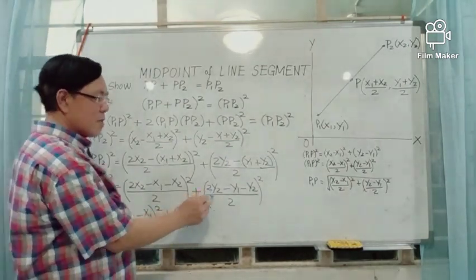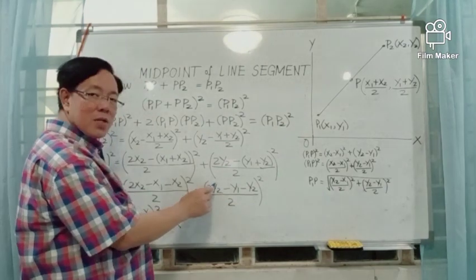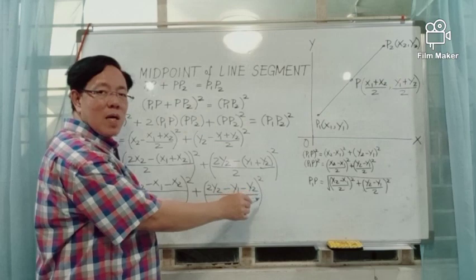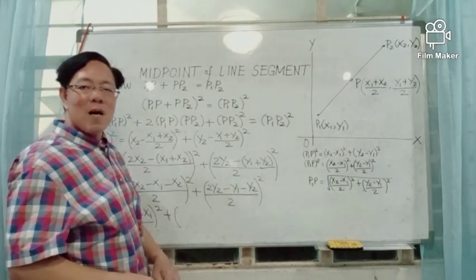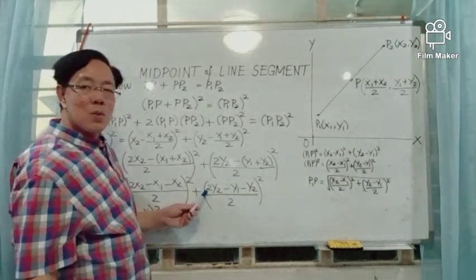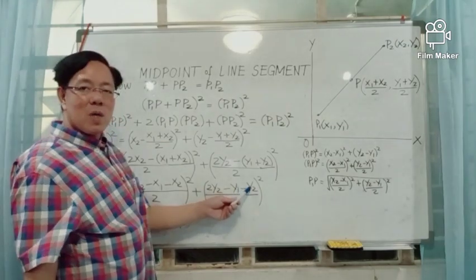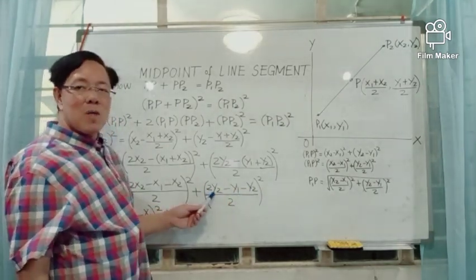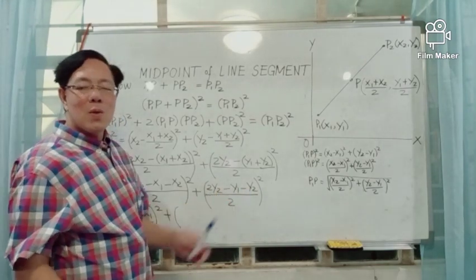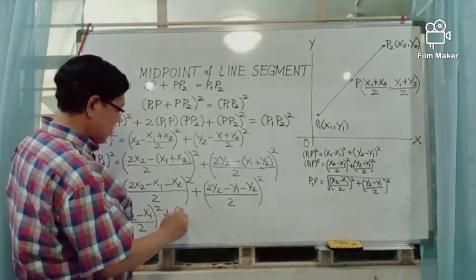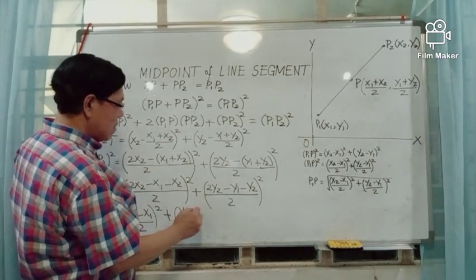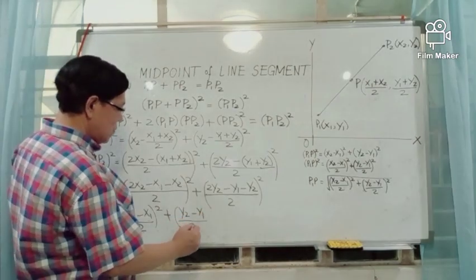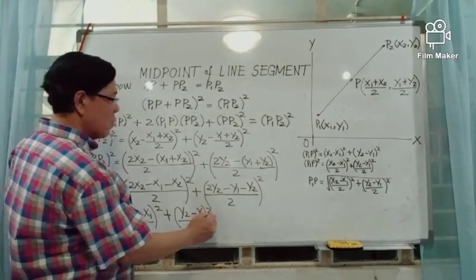the like terms in this term in the numerator are 2y2 and negative y2. Again, you add the numerical coefficients, minus 1 here. 2 minus 1 is 1 multiplied by the common literal coefficient y2, minus y1 all over 2 to the power 2.